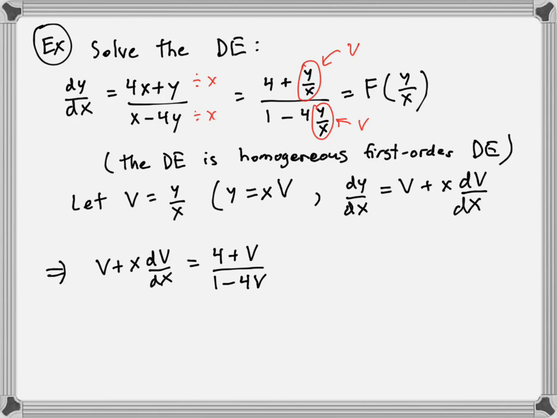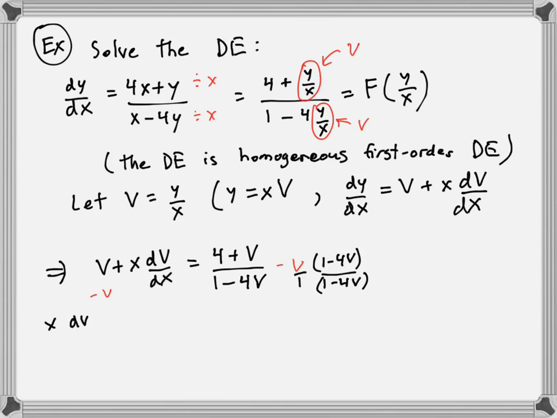Okay, so how would we solve something like this? Well, you're going to have to move this v to the other side. So I'm going to subtract v from both sides. If you subtract v from both sides, what do we end up with? We actually get the following, right? We're going to multiply top and bottom of v over 1 by 1 minus 4v over 1 minus 4v. Remember, you need to get a common denominator here. So if you do that, you get the following.